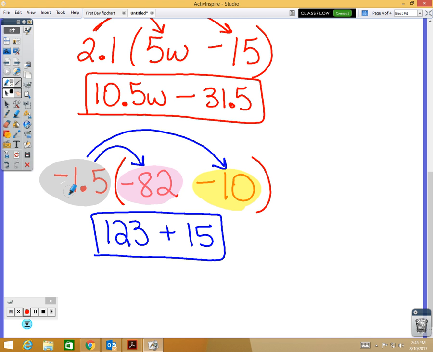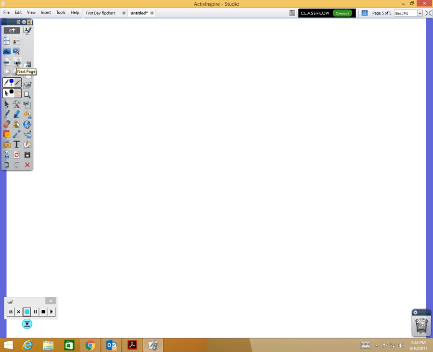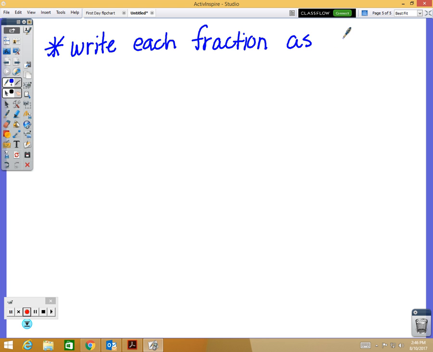So now to take this one step further into algebra, we're going to write each fraction as a sum or difference.